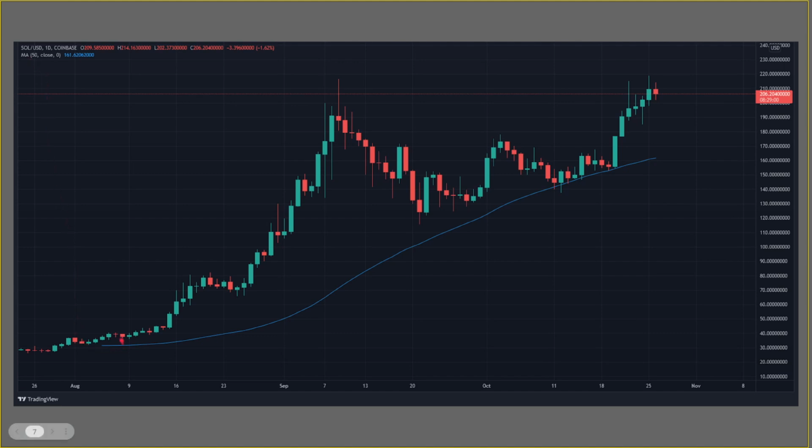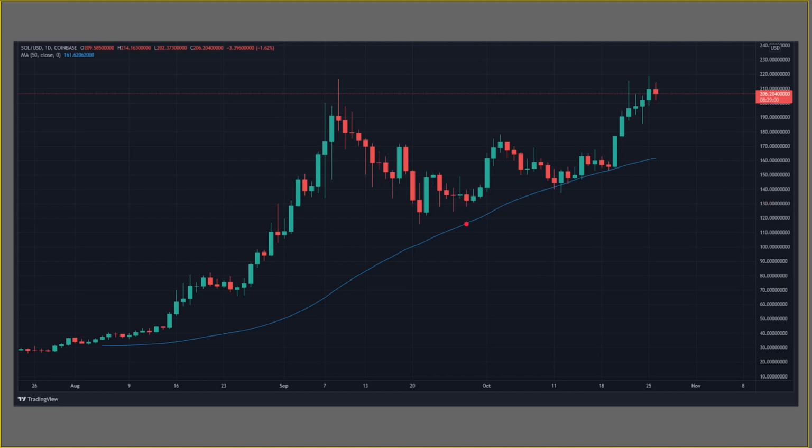And as you see, this is factoring in the price data for the 50 candles before it. So let's say we're starting over here. The closing price was about, let's say, $135 in late September in this time period.